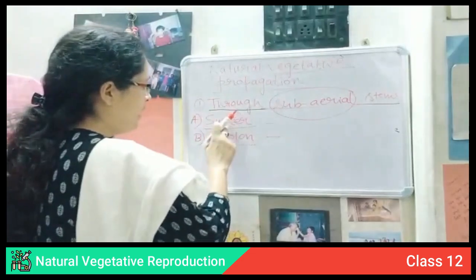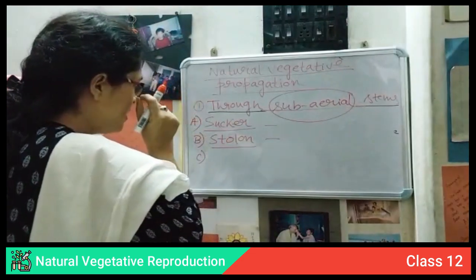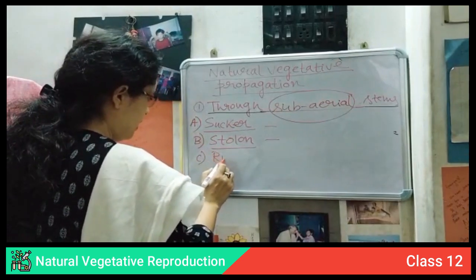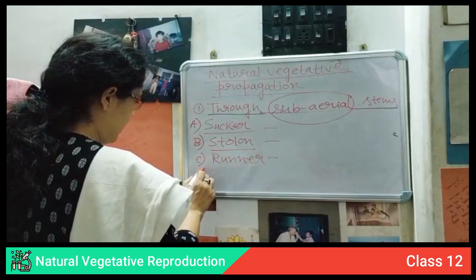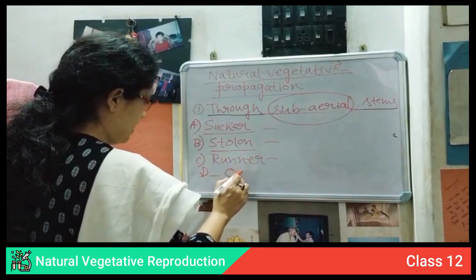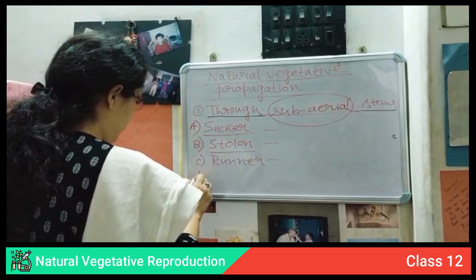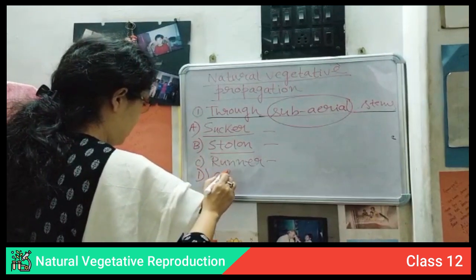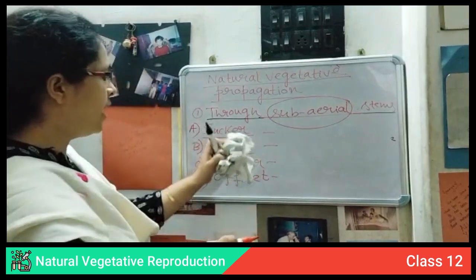Number A is sucker, number B is stolon, number C is runner, and number D is offset. Now what is sucker?